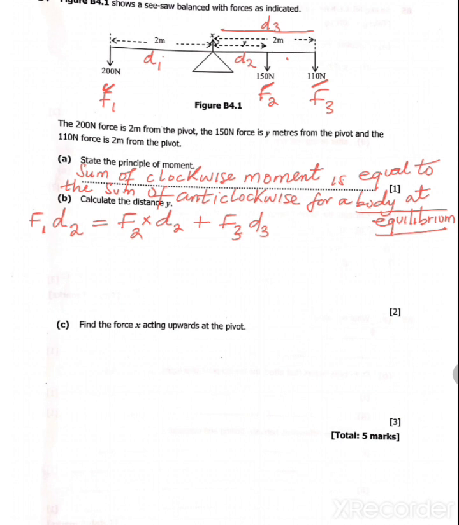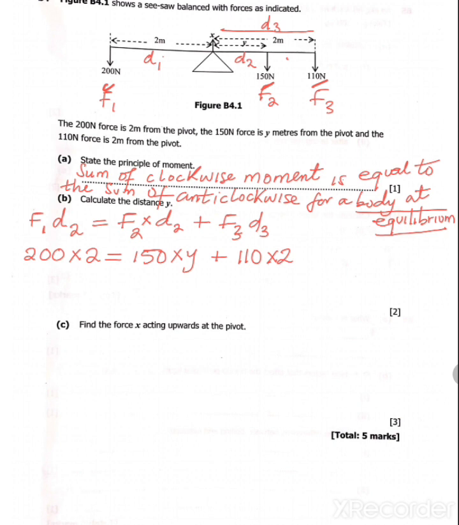So for F1, we're going to have 200 times D1, which is 2, is equal to F2, which is 150, times D2, which is y in that case, that is our unknown, plus F3, which is 110 times 2. I'll not put the units here because I want to get the algebra, then you can solve this question nicely with units later.